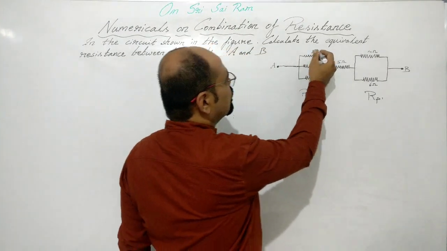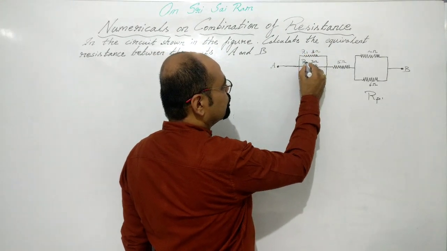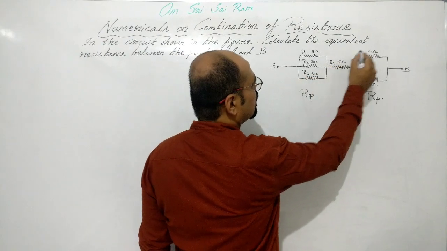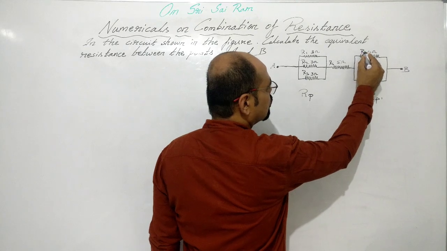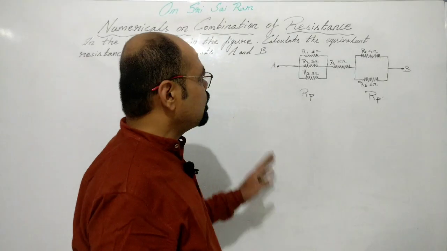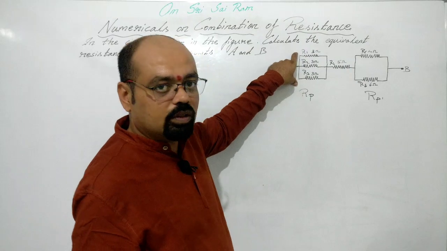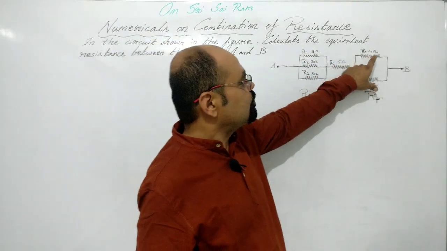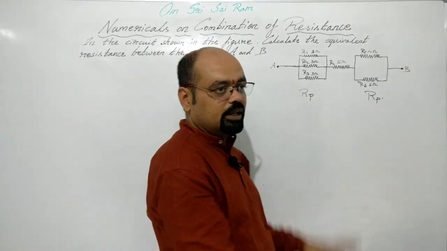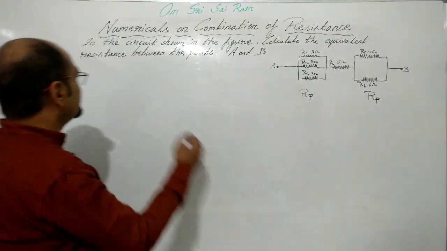Now first let's consider this as R1, this as R2, R3, R4, R5 and R6. First we have to find the resistance in parallel for these 3 resistors. Later we have to find the resistance in parallel for these 2 resistors, then add it up with the series combination.